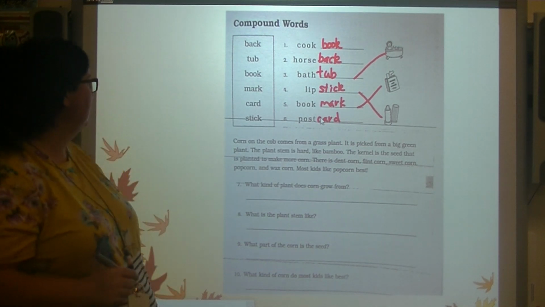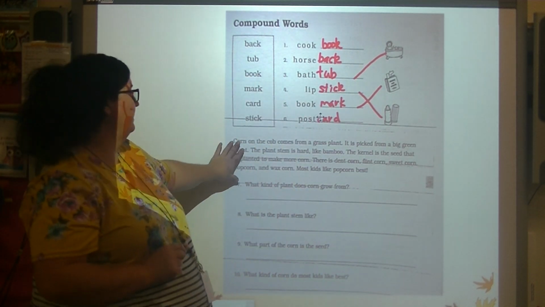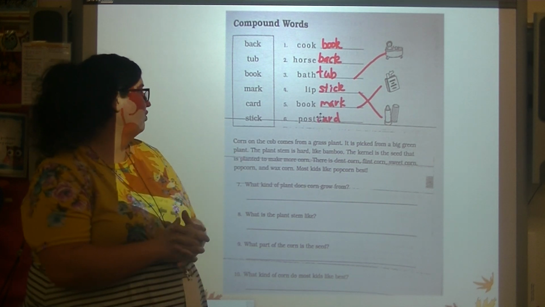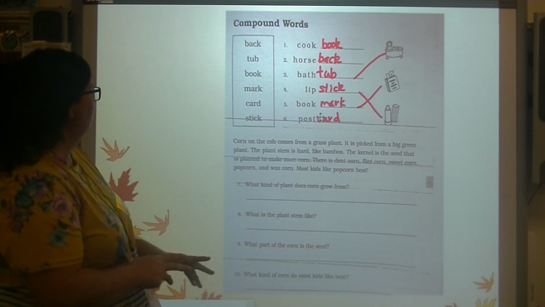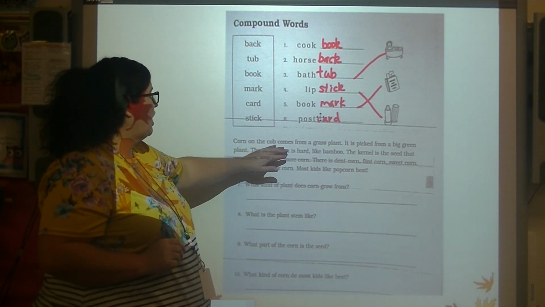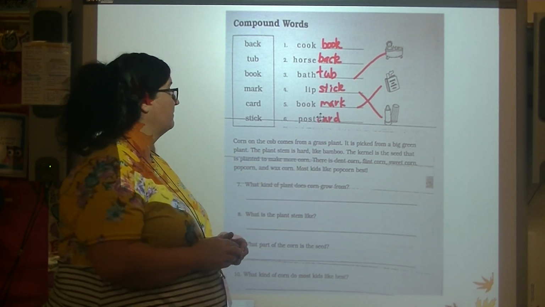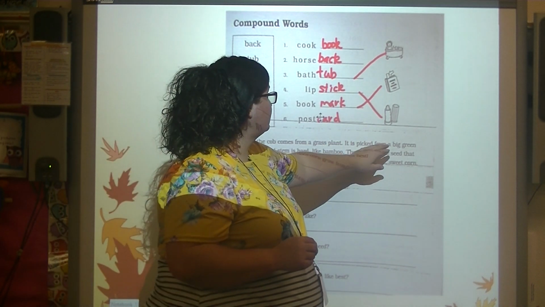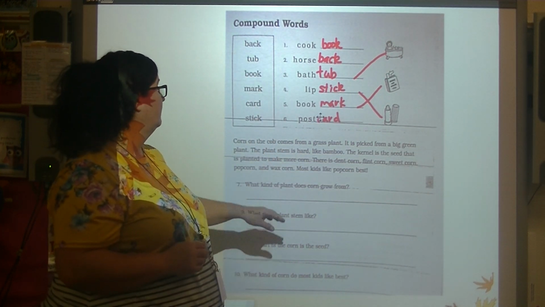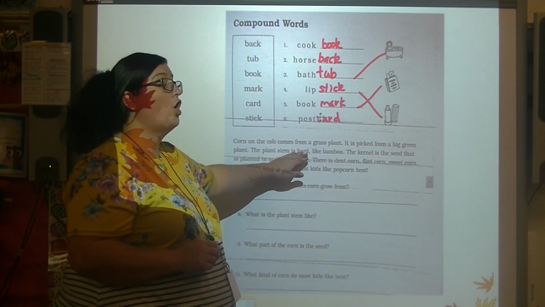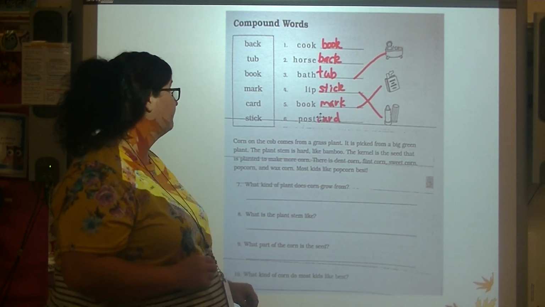Okay. Now, let's look at your passage. We're going to read about corn on this side. Corn on the cob comes from a grass plant. It is picked from a big green plant. The plant stem is hard like bamboo.